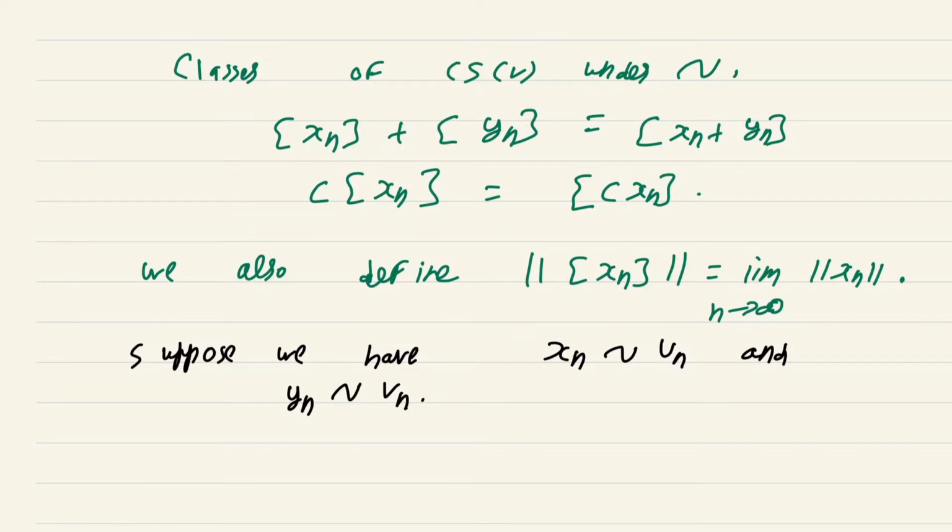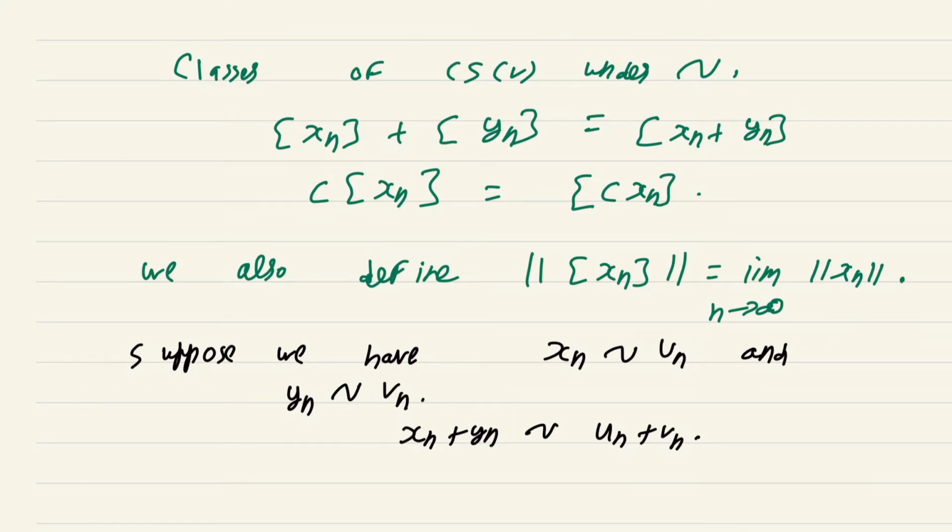Suppose we are taking two distinct representatives of a single equivalence class. We have to show that xn plus yn is related to un plus vn. That will show that our operation is independent of the choice of representative.